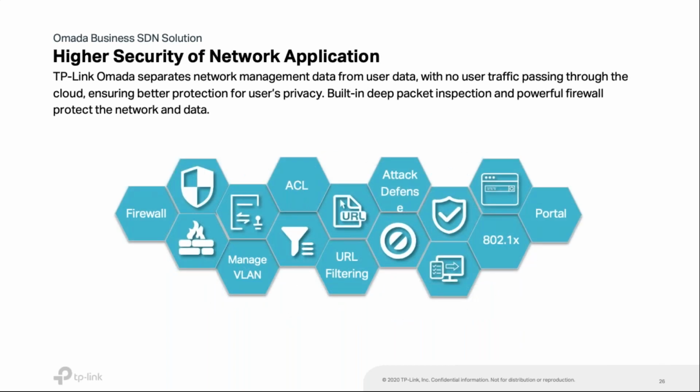One more thing is for the security network application. You can see that we put everything, the switch and routers, inside of the same controller. And the extra benefit is that in the old days, all of our switches had ACL, and of course the router has ACL as well, and it has a firewall built in as well.